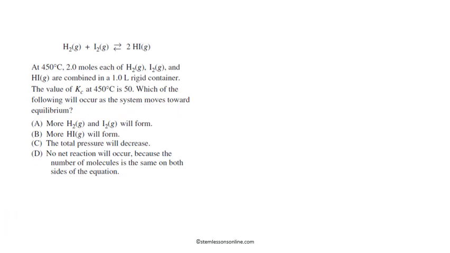Since we have the initial concentrations, we can calculate Q, which equals hydrogen iodide to the power 2 divided by concentration of hydrogen times concentration of iodine. All are in the gaseous phase.